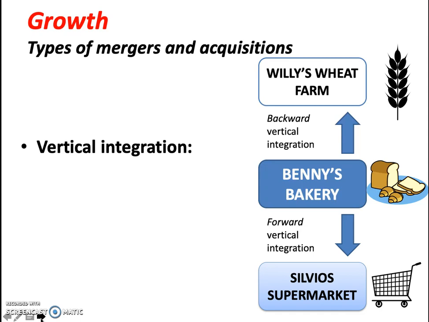He can also, being that he owns the supermarket, control the outlets or which suppliers use the shelf space at the supermarket for bread, meaning that Benny is both controlling the quality and quantity of the wheat that he gets and who it goes to, sells it independently in his own bakery, but also forwards it to Silvio's supermarket, therefore controlling the supply chain from beginning to end.